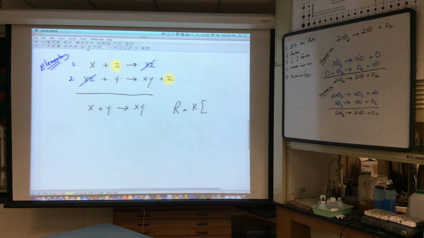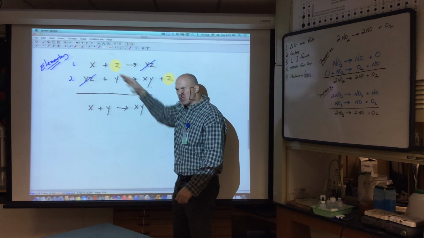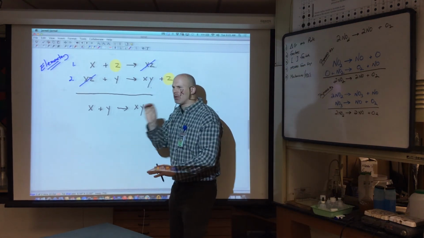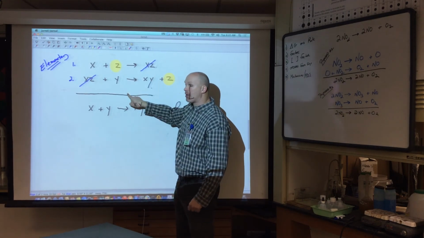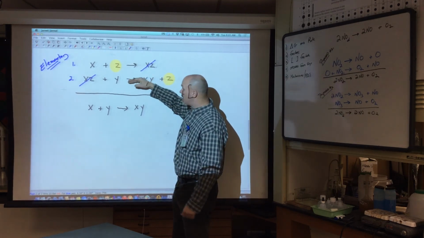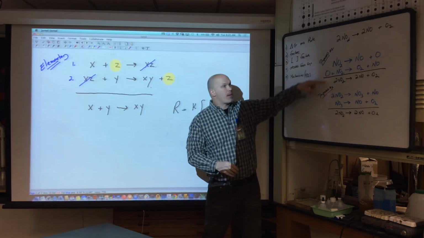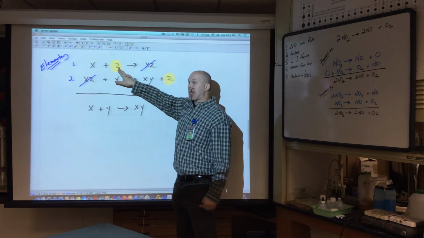Something that starts a mechanism. A mechanism is a bunch of steps. Without Z, this bunch of steps doesn't occur. We learned last year that a catalyst starts a whole new pathway. Z is a catalyst because it starts this chain of individual elementary steps.